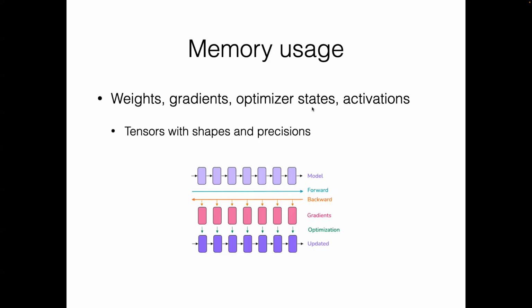So you have to store those. And then as you're performing the forward or the backward pass, you have to hold the activations in memory. And then each one of these things just comes down to some tensor with a particular shape and a particular precision for how you're storing the actual numbers.